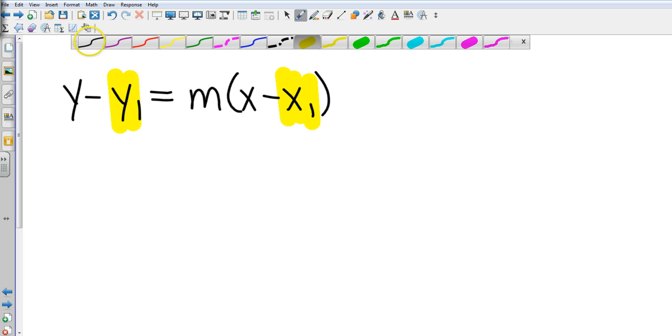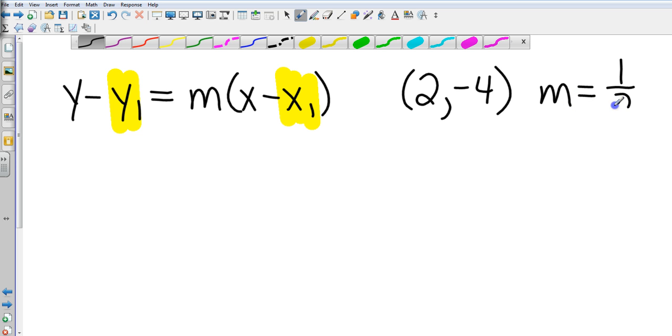But we will leave the regular y and the regular x alone. So let's say I have a coordinate of 2, -4, and I have a slope of 1/2.